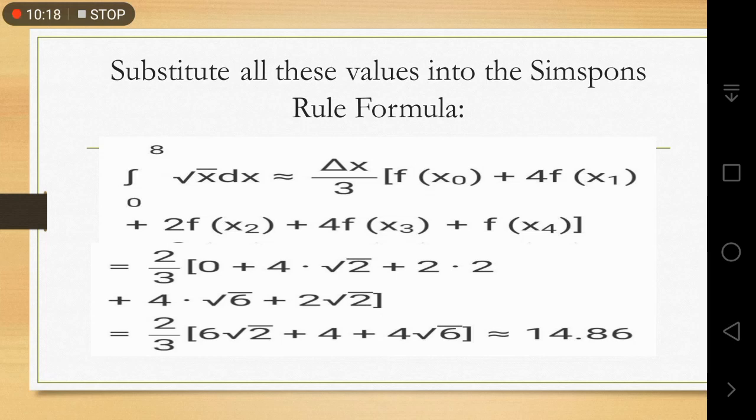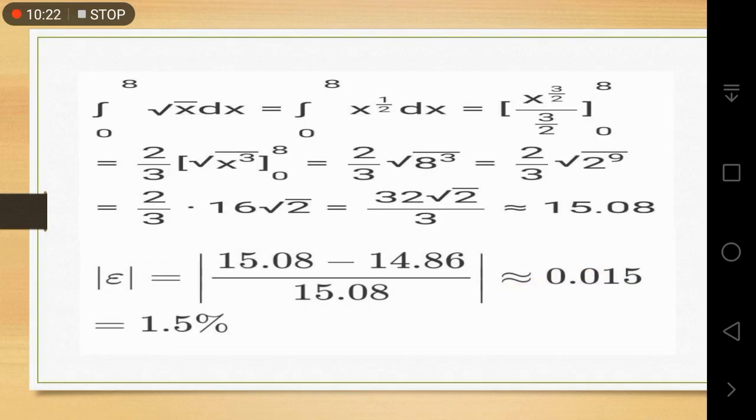So the true solution for the integral is, from 8 to 0, the square root of x dx, which equals the integral from 0 to 8 of x to the 1/2 dx, which equals x to the 3/2 divided by 3/2, from 0 to 8.